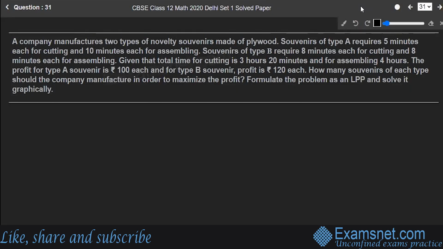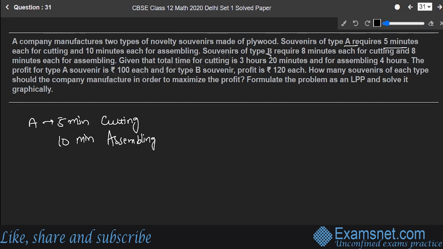Question number 31. A company manufactures two types of novelty souvenirs made of plywood. Type A requires 5 minutes for cutting and 10 minutes for assembling.